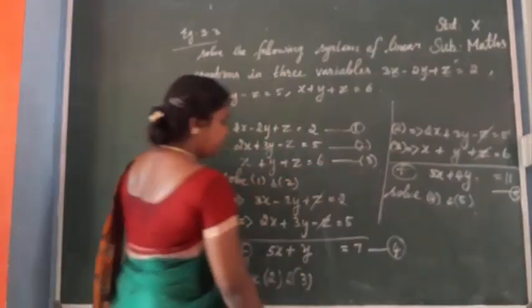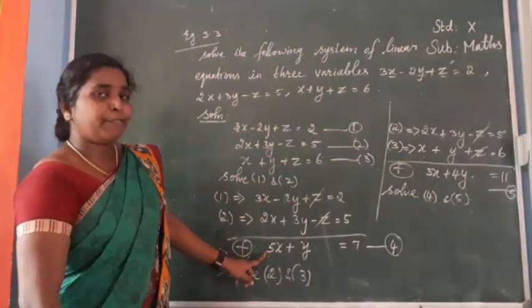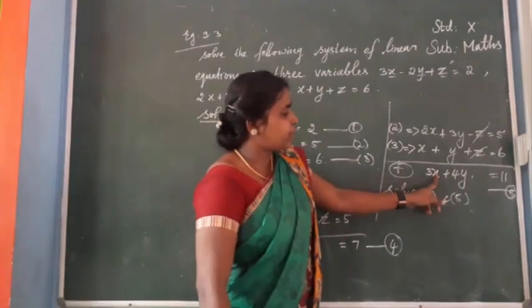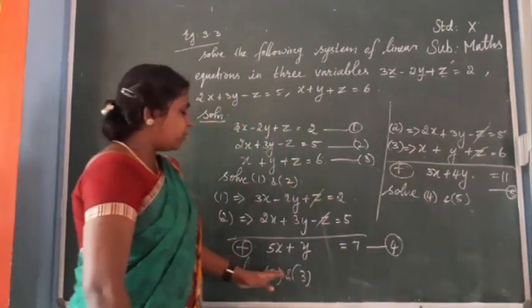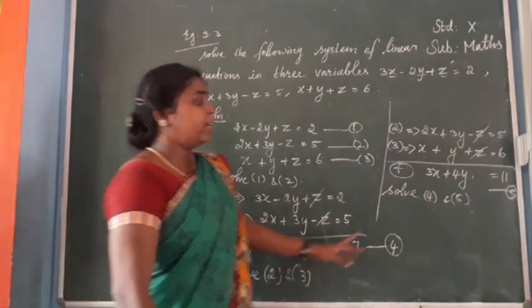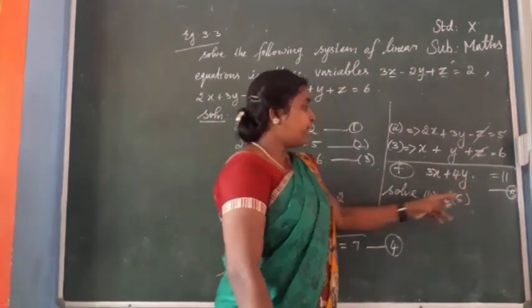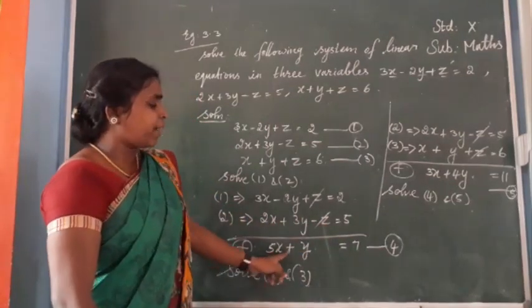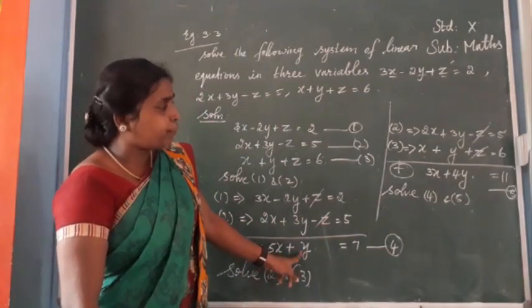In the fourth equation, the coefficient of x is 5, and in the fifth equation the coefficient of x is 3. Both are different. Next, the coefficient of y here is 1, and here it is 4y. If we multiply the fourth equation by 4, we will get 4y.